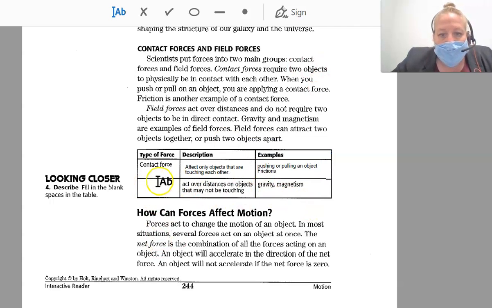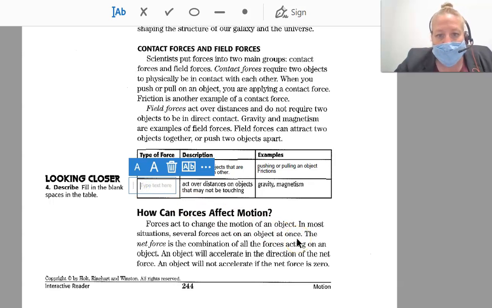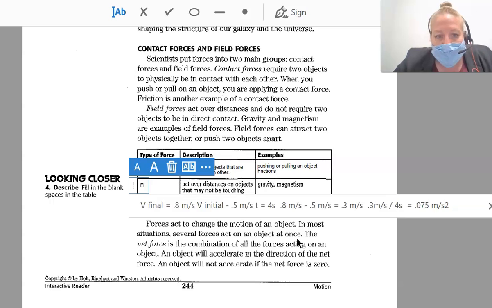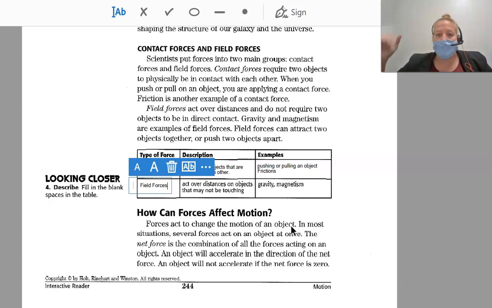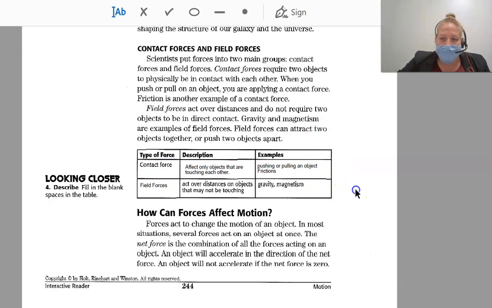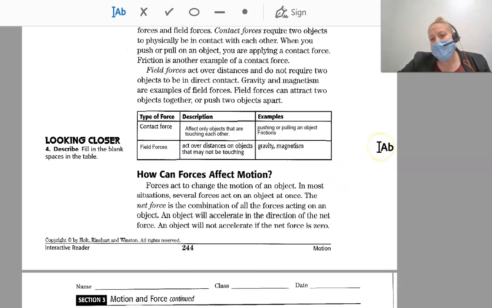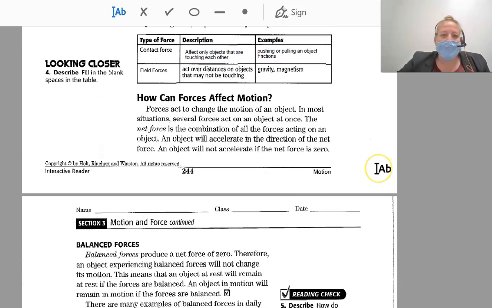So this type of force is called field forces. Field forces act over distances, so they're not physically touching, they're acting over distances, such as gravity and magnetism. Okay, does that make sense? If not, ask me later in class when I see you, okay?